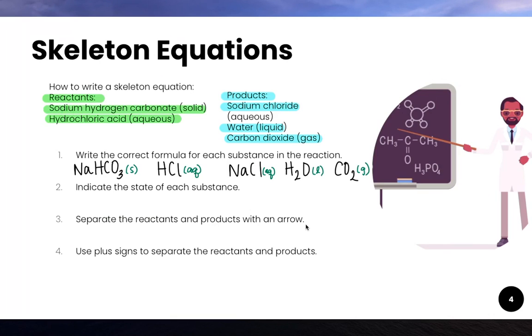Okay, we're going to separate the reactants and the products with an arrow. And we're going to use a plus sign to separate the reactants and products from each other. All right, so that's step one. That is how you write a skeleton equation. And then you can move on to balancing your skeleton equation.